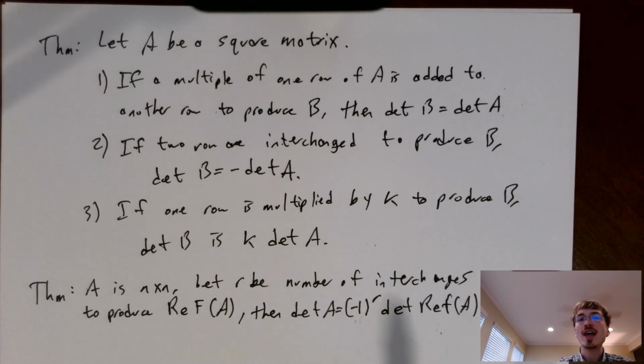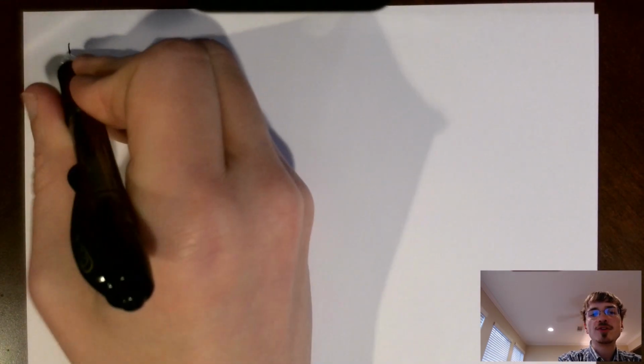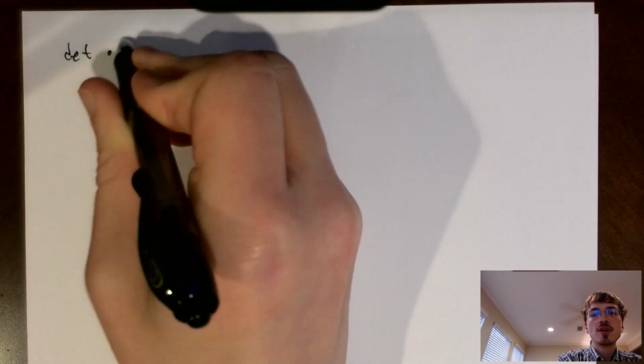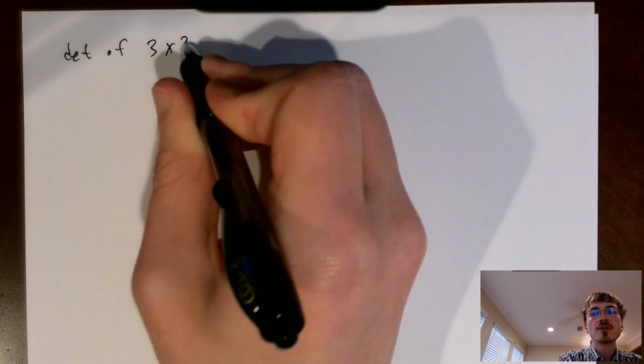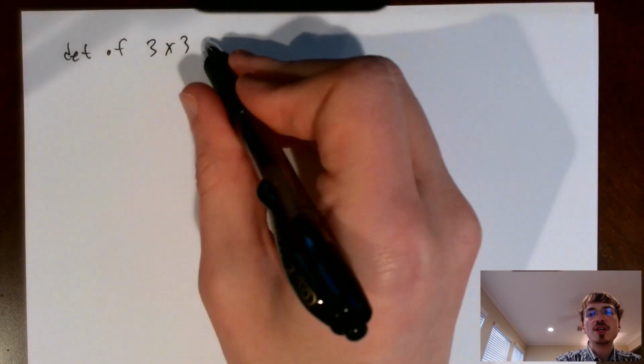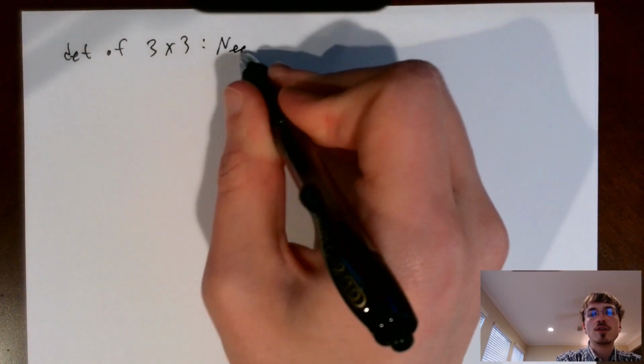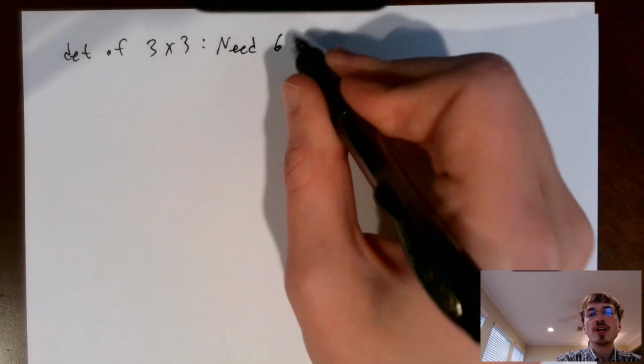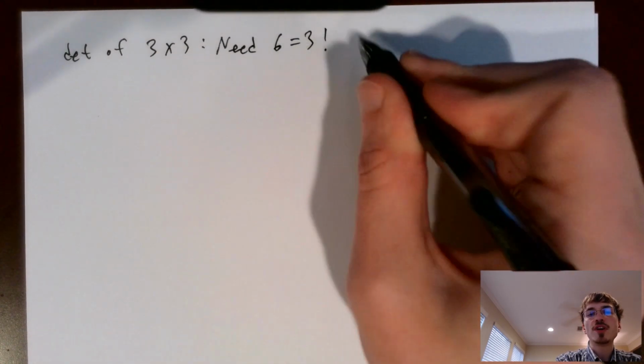Why is this nice? How many operations? Suppose you're a computer and you want to compute determinants of large matrices. How many operations are required? If we compute the determinant of a 3 by 3 matrix, it turns out that you'll need 6 multiplications, which is 3 factorial.